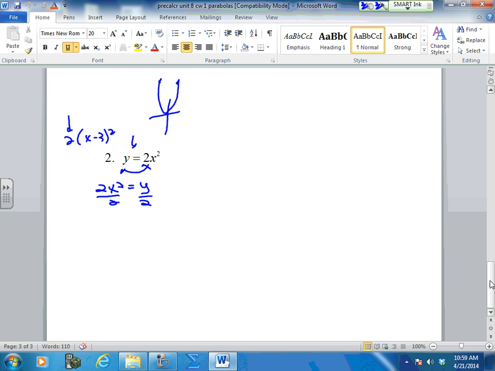That's your transformation. A dilation of 2 stretches it up when we did your dilations. So we know it's going to look like that. So we're going to get x squared equals 1/2 y. Now, here's your situation. Okay. Tell me what your vertex is.